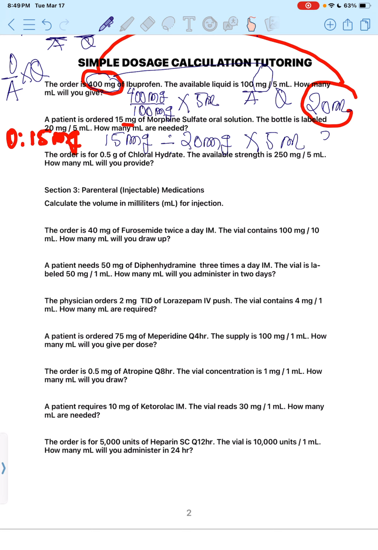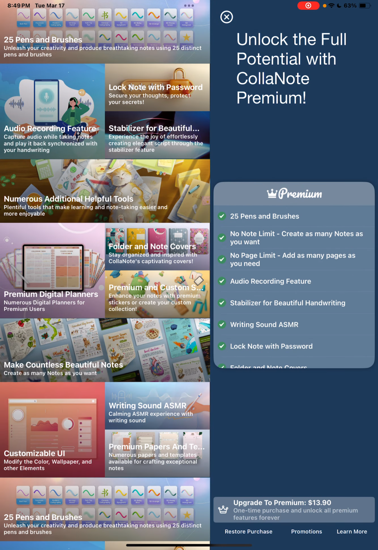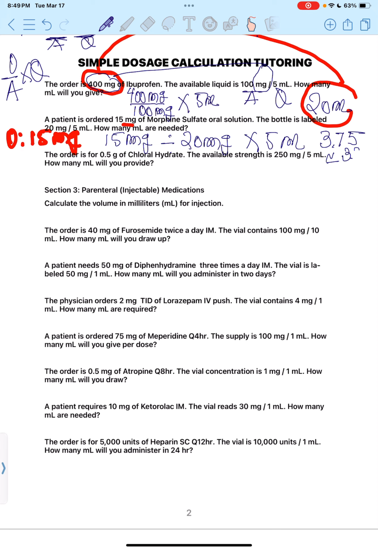Now if they ask you to round, if necessary, because you cannot draw 3.75, you will round that approximately to 3.8 milliliter. We got it? All right. Let's move on to the next one.